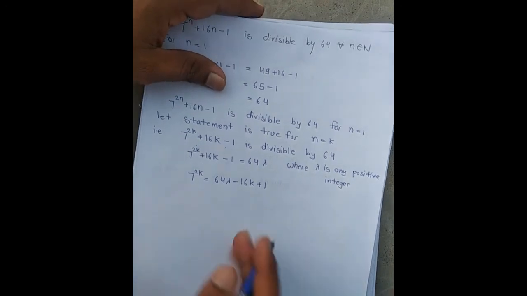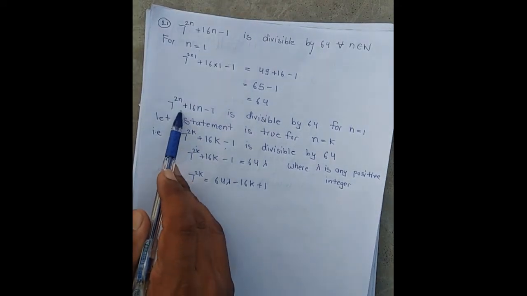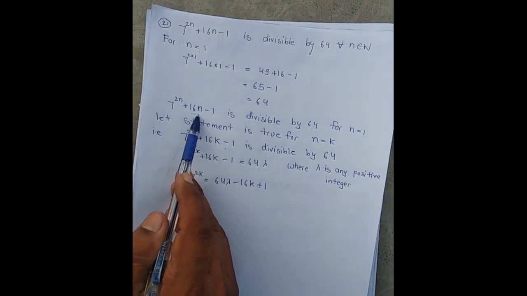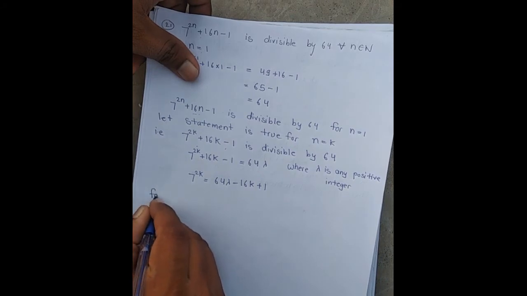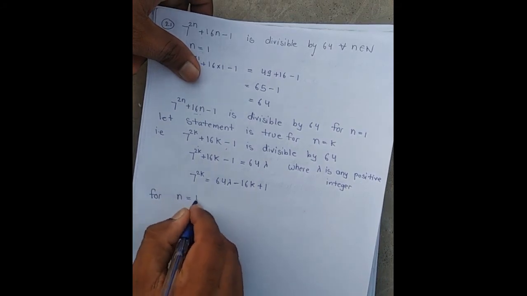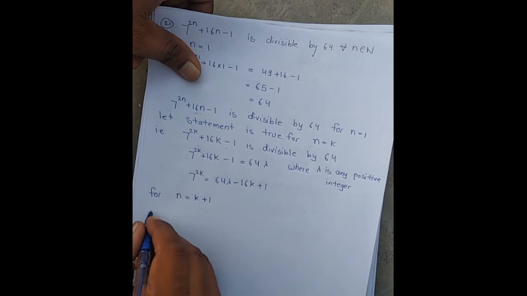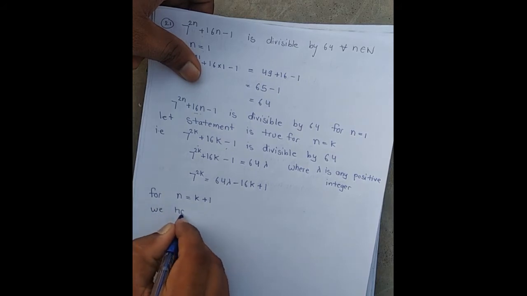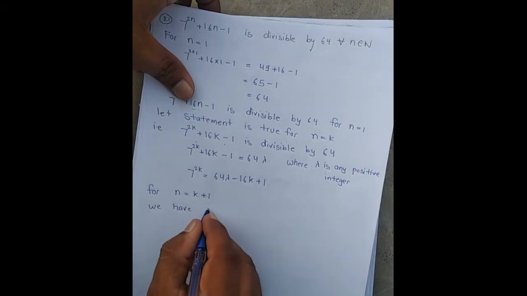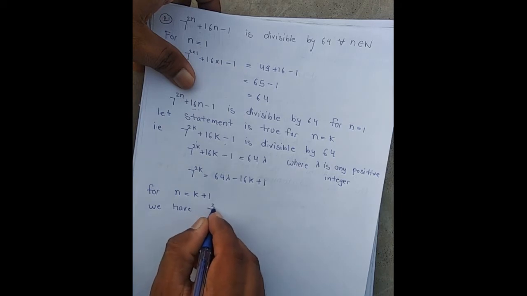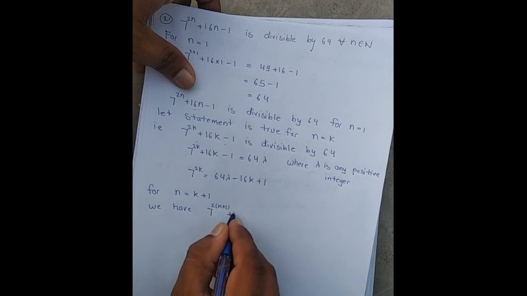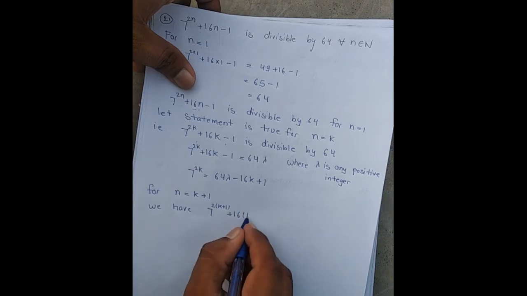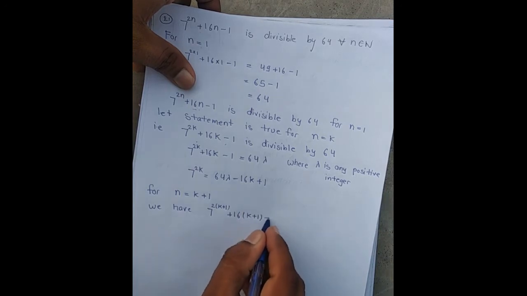Now we have to show that this statement is also true for n equal k plus 1. Then for n equal k plus 1, we have 7 to the power 2 into k plus 1 plus 16 into k plus 1 minus 1.